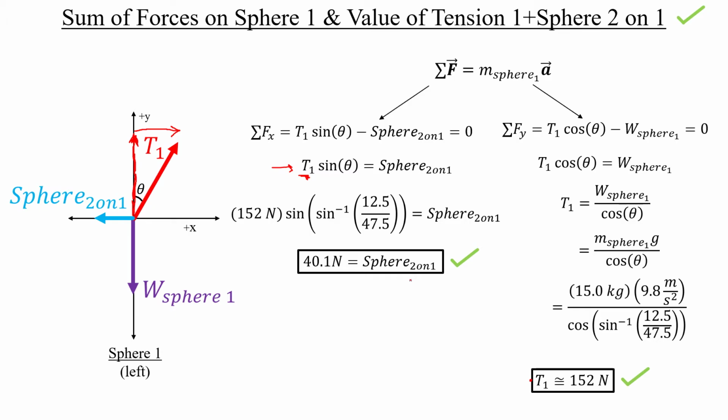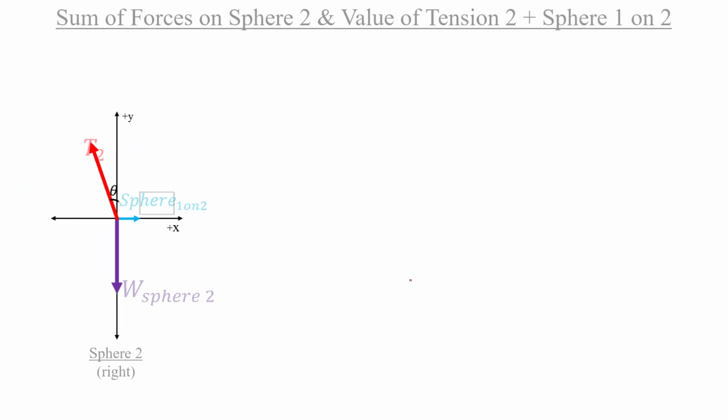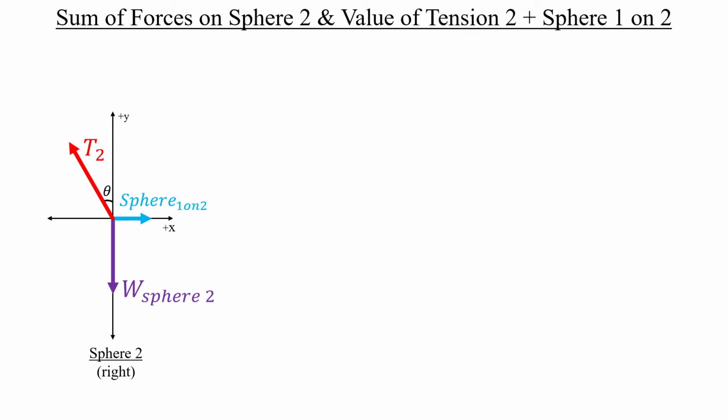So let's work on tension 2 next. And by doing that, we'll jump into sphere 2, and we'll do the sum of forces again, right? So we have the sum of forces is equal to ma, where we're looking at the mass of sphere 2 specifically. And when we take the sum of forces in the x direction, what do we get? Well, sphere 1 acting on 2 is purely in the plus x direction, so it's a positive quantity here.